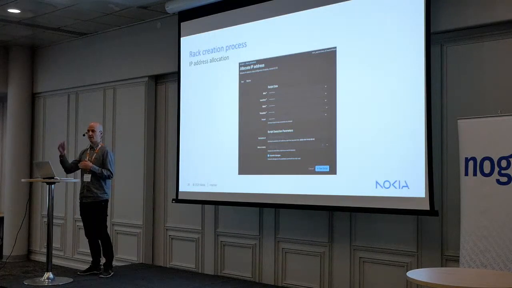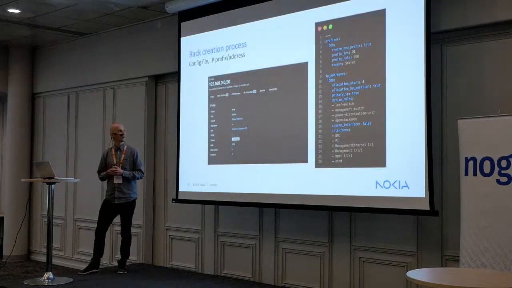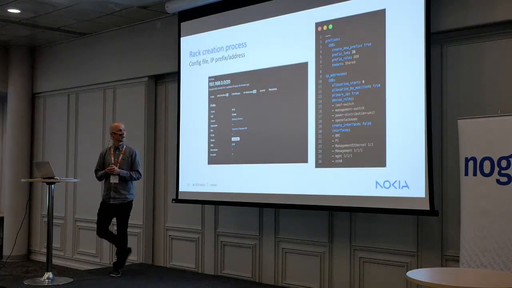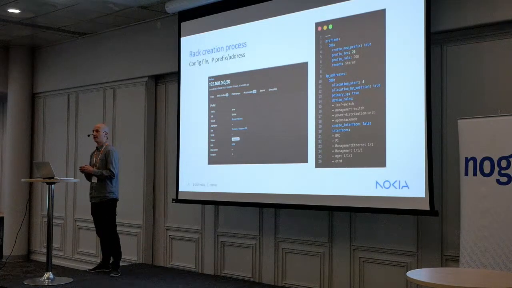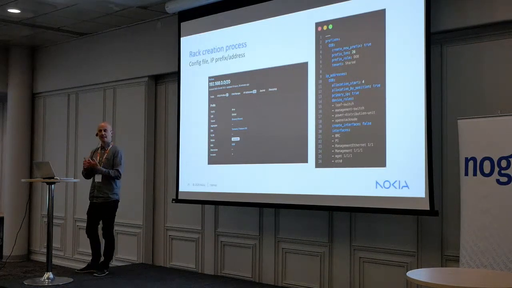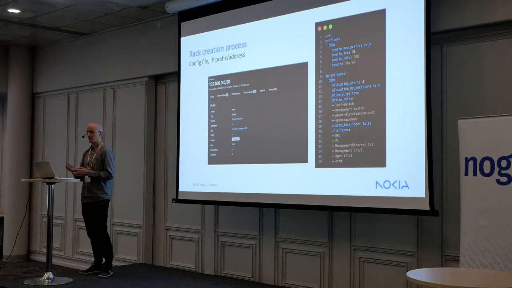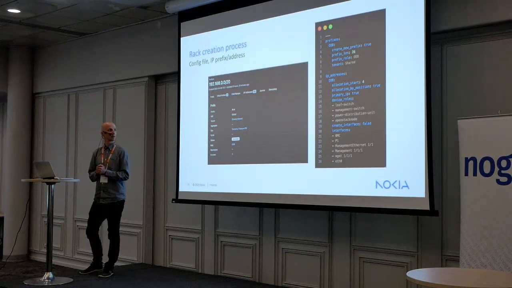So we need to select the rack and the template, which basically defines the logic for allocating the IP addresses. And this one is another YAML file. So how this logic works is that we first allocate the prefix. For example, in this case, we select that based on the prefix role and the tenant, and then we allocate a /26 block from that parent prefix.